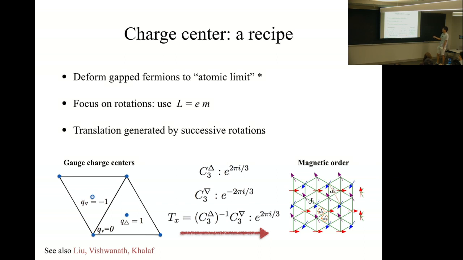Essentially, I get an angular momentum that's the electric charge, or the gauge charge, sitting at the rotation center times the monopole strength. And likewise, for the downward triangle center, if I do a C3 rotation around this one, because it's a negative charge, I get a minus 2 pi over 3 phase factor when I rotate the monopole around. That way I figure out how the monopole transforms under the C3 rotation symmetry.